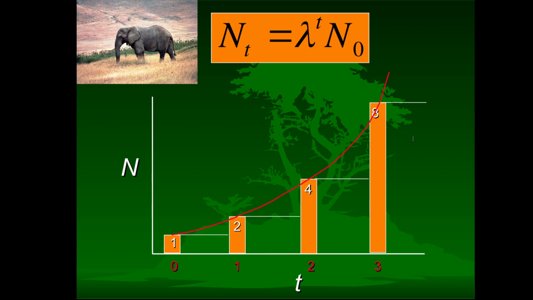So if that's the case, we'll have a nice continuous line that passes through all these points. And because this line passes through all these same points, it follows the exact same equation as before. N at time t is equal to lambda to the tth power times N at time 0. Only now our t can take on any intermediate value.